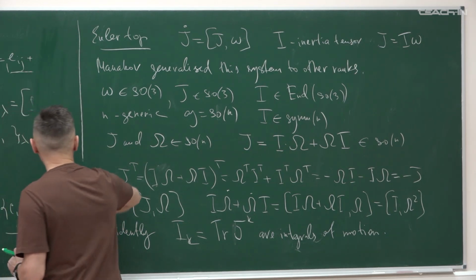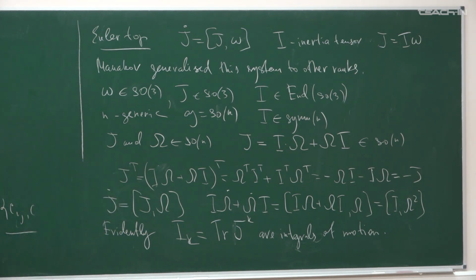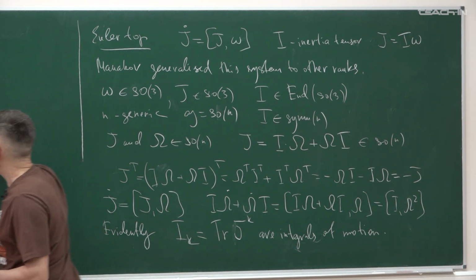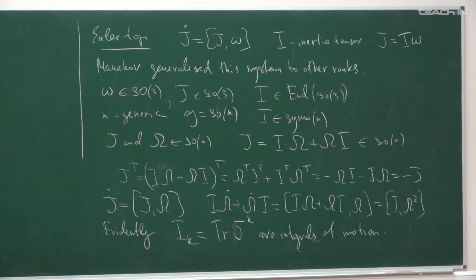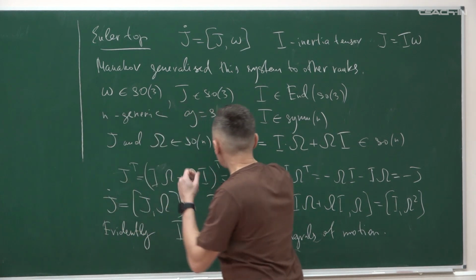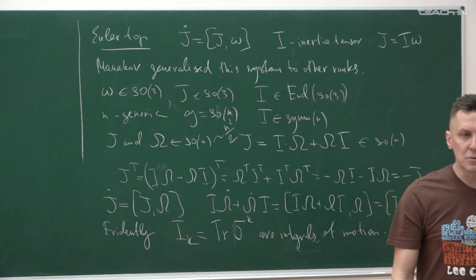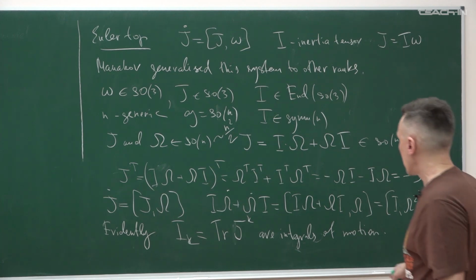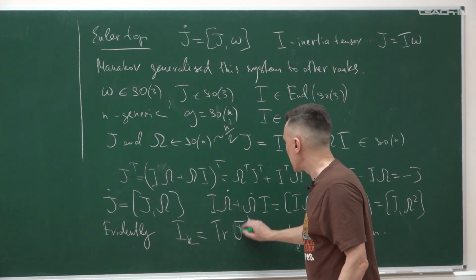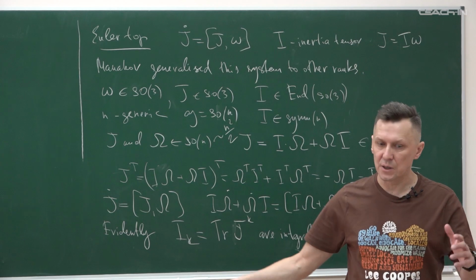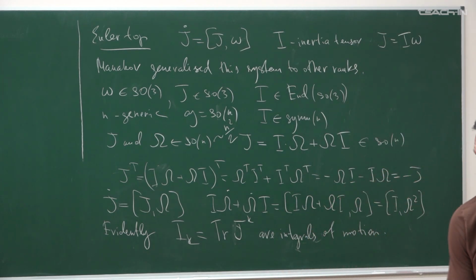But in this case, the dimension of the phase space is bigger. It is approximately n square over 2. So n spectral invariants, like in many other cases, are absolutely not sufficient for the integrability.